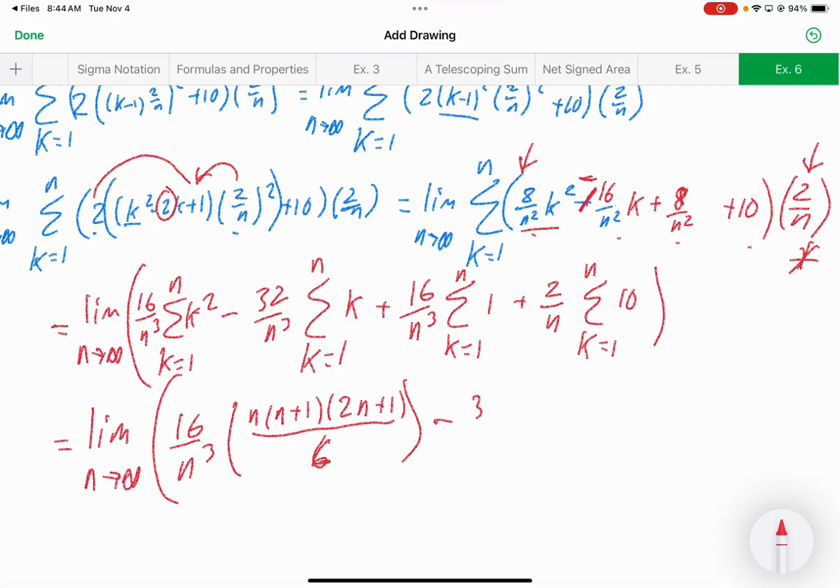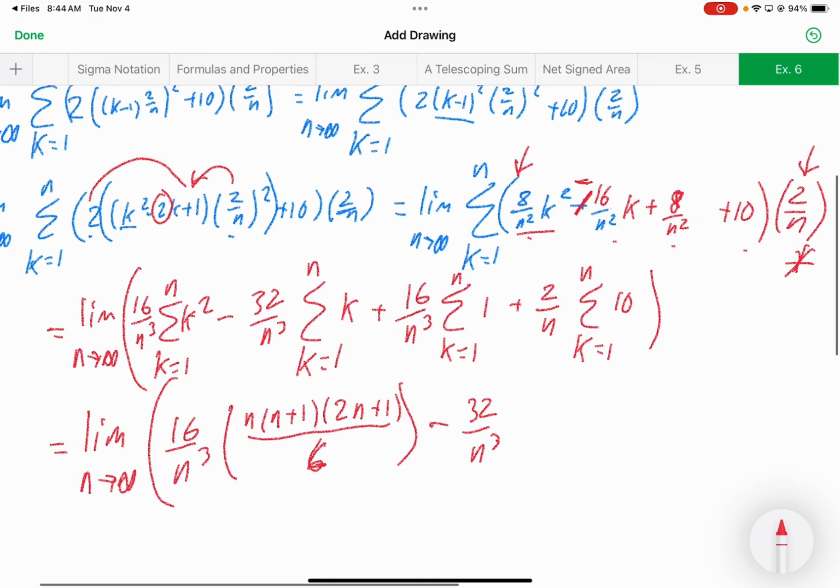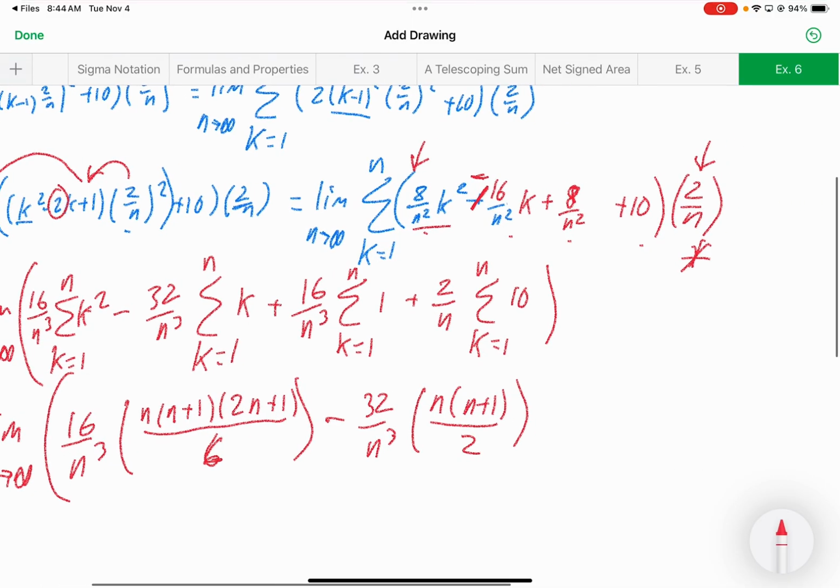All right, minus 32 over n cubed, and then times our value for k, which would be n times n plus 1 over 2. And then plus 16 over n cubed times our formula for 1, which would just be 1 times n. And then plus 2 over n times 10, which would be 10n.